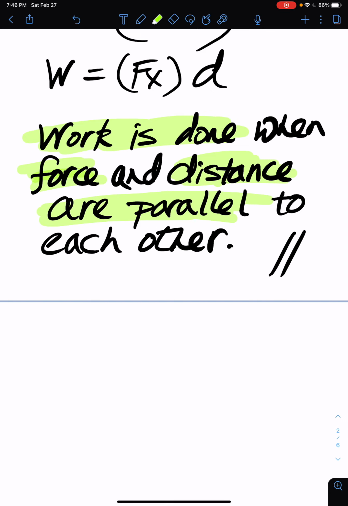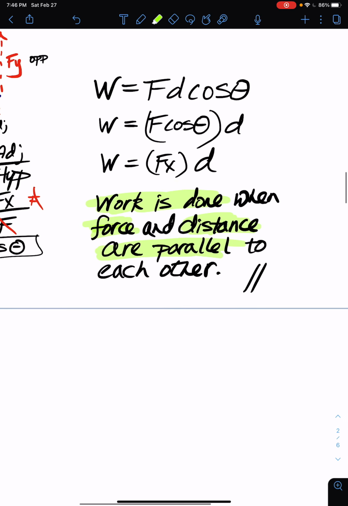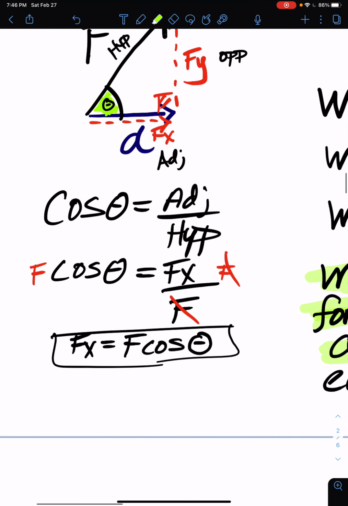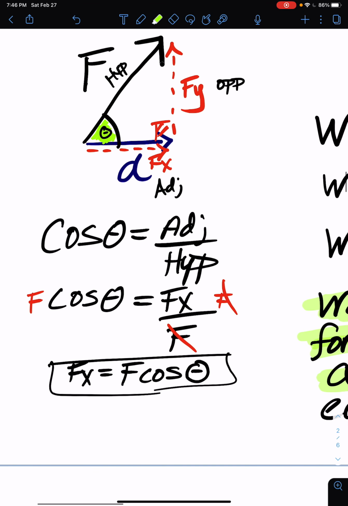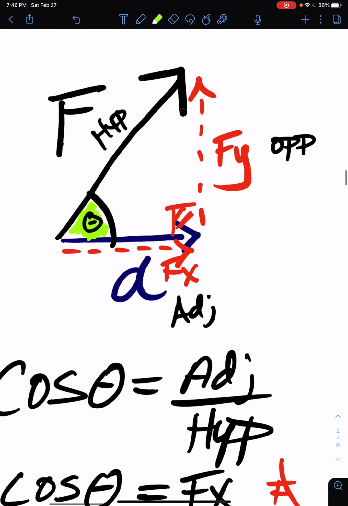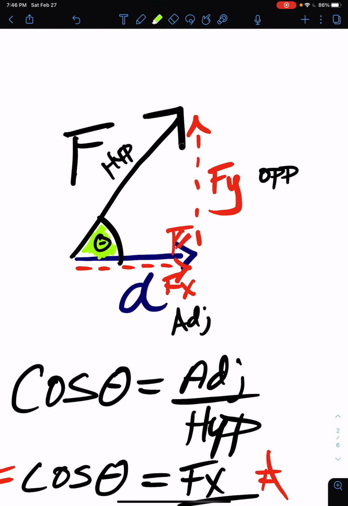So if I go back now and look at what we just said, right? That right here, if you look at this, and you want to know how much work is being done by this force over this distance, how much change in energy is being done by this force, which causes the object to accelerate up and right over this distance pointed to the right.